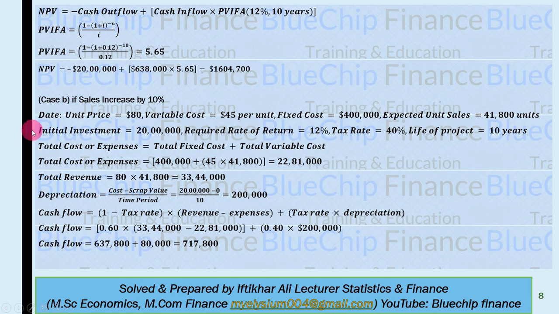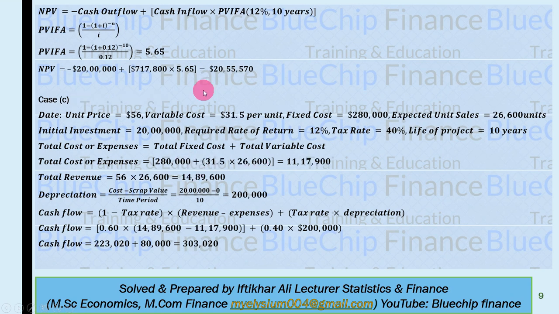And there is the solution of case B, and the same, you can pause the video and see the solution, in which your cash flow will become 717,800 and here your NPV will become 255,570.